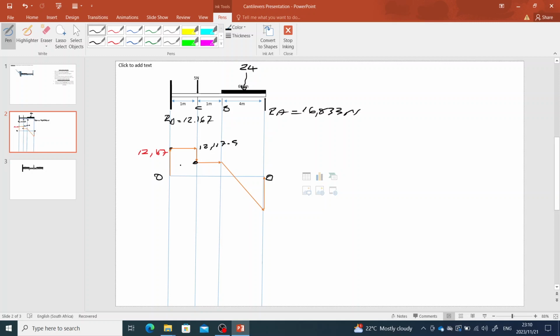Then on this point we got 7,167, to this point, 7,167. Then from this point we said minus 24. Then on this point, when we minus, we got negative 16,833. Then on this line we are having the upward force. Then this plus that equals to 0. We started at 0. We ended at 0.